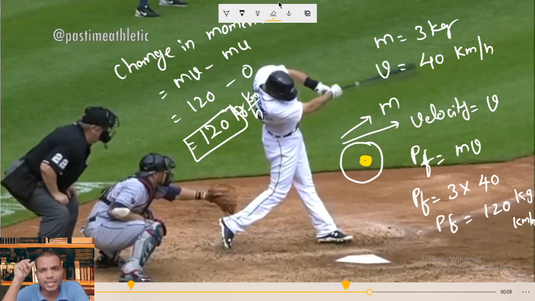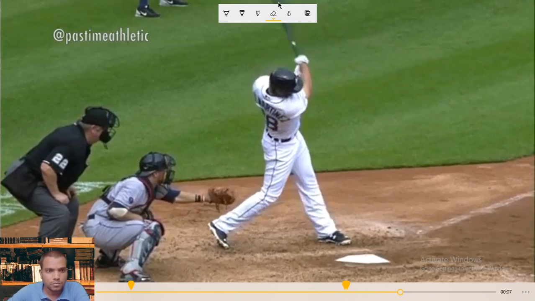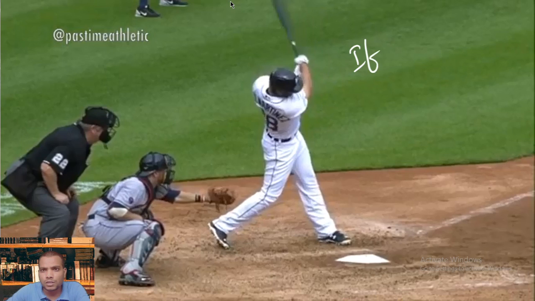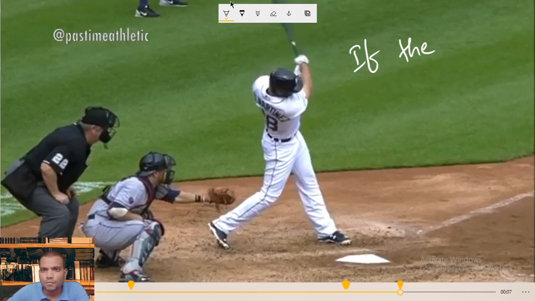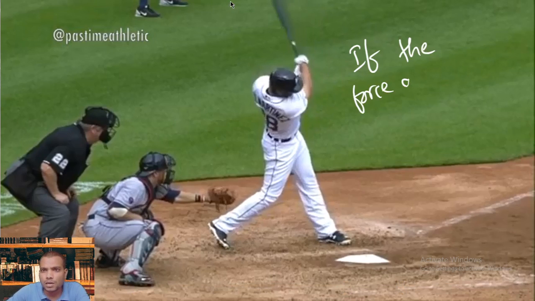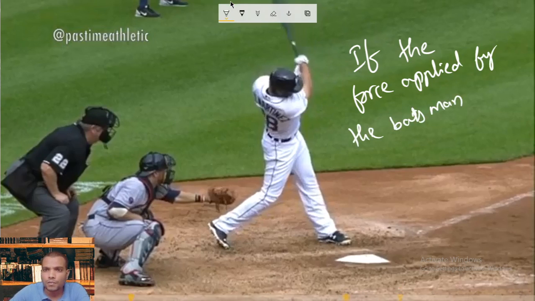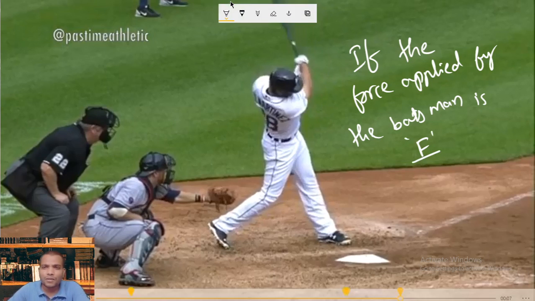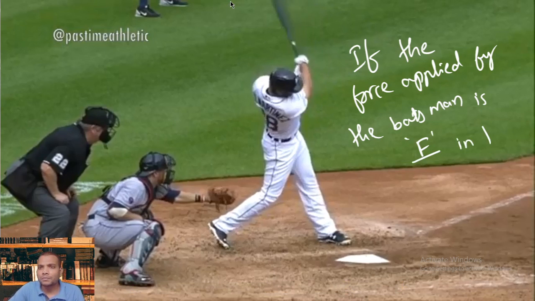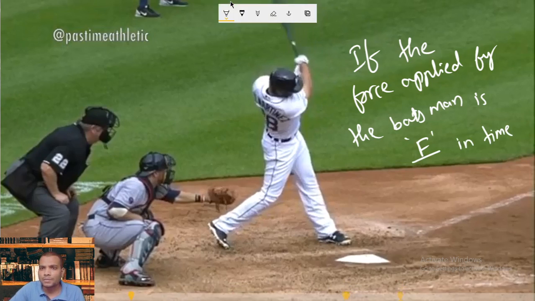Suppose if I know the force, if the force applied by the batsman, the hitter, is F, and that force is applied in a time interval of small t.